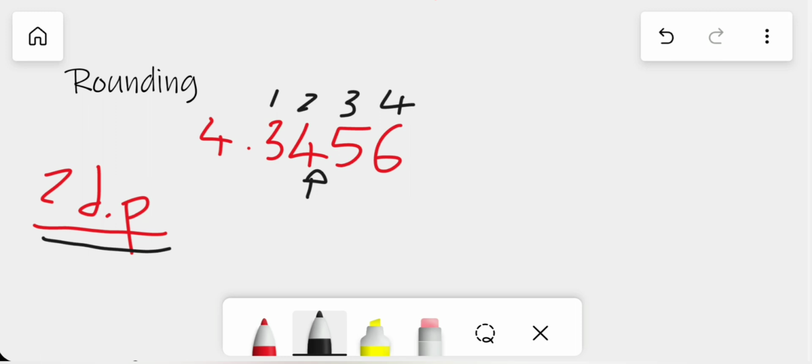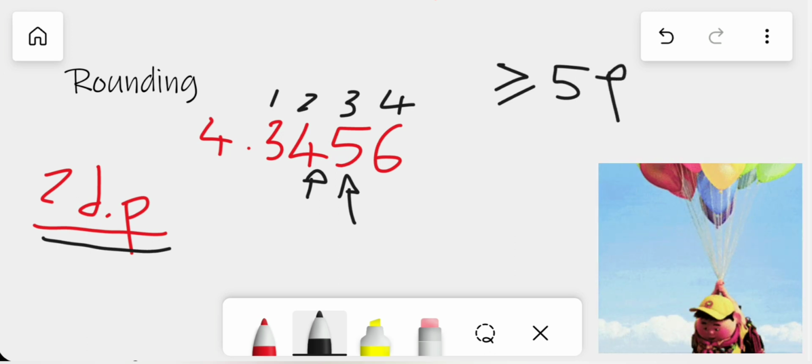That's the first thing. The second thing is we need to check the indicator. The indicator is located right next to the digit that we're interested in. And since you're interested in the 4, which is at the second decimal place, our indicator now will be the 5, which is the next decimal place that is right there. So we always remember this rule from primary school, and it always applies now in high school and even beyond, which states that if the indicator is greater than or equal to 5, that means we will round up.